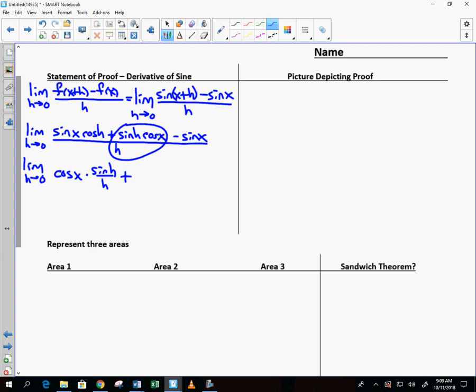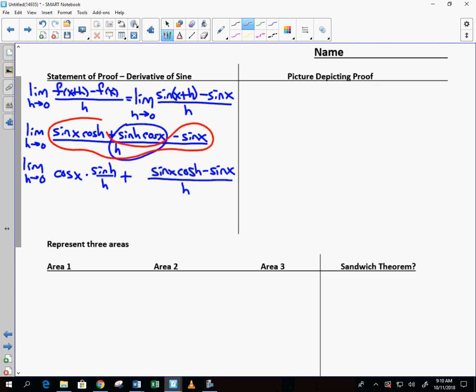And then plus sine of x cosine of h minus sine of x all over h. So that's the red portion.